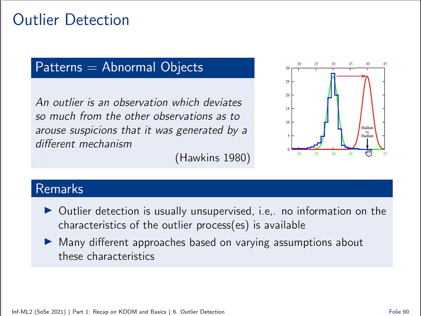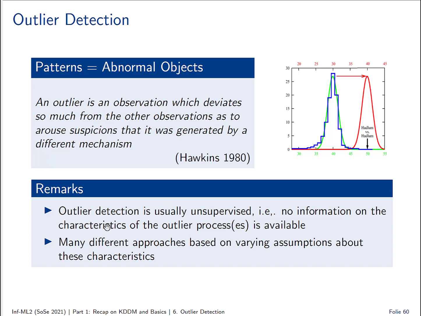This 50 week gestation period does not really fit this generating process. So the assumption is that it has been generated by a different mechanism, different than Mr. Hadlam, so to say.